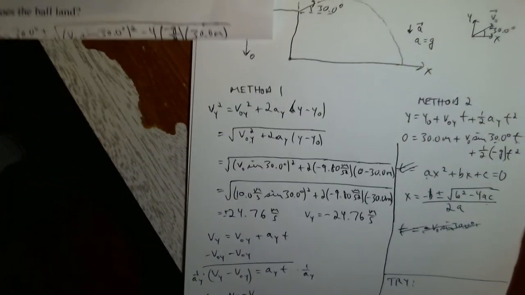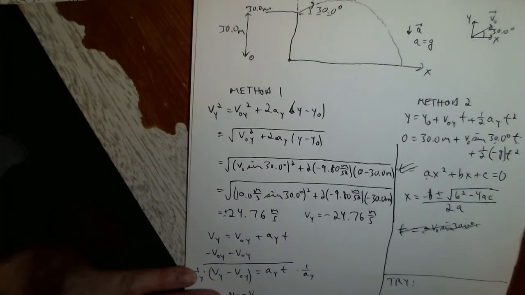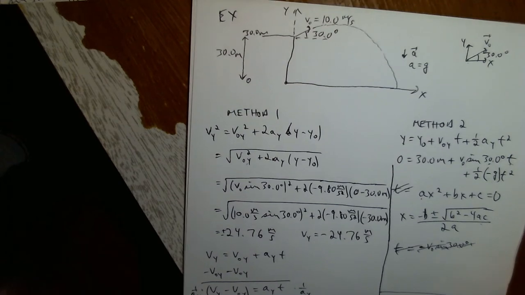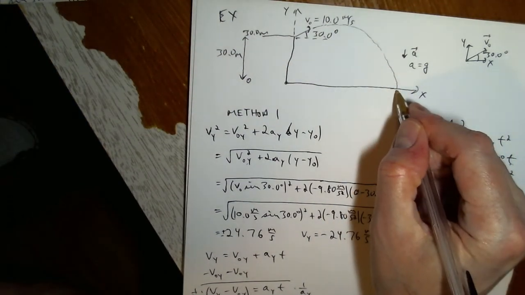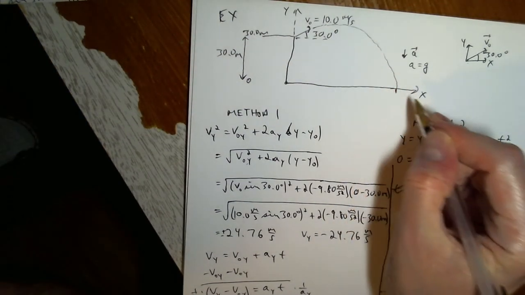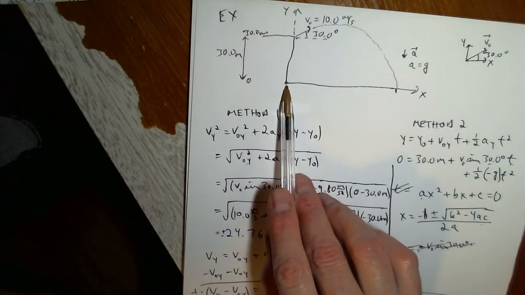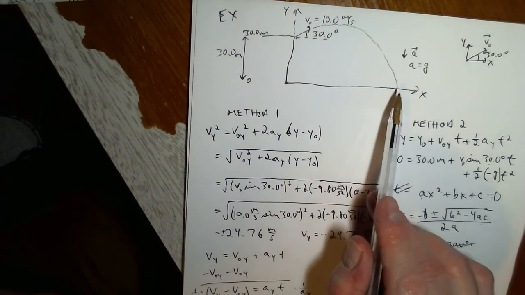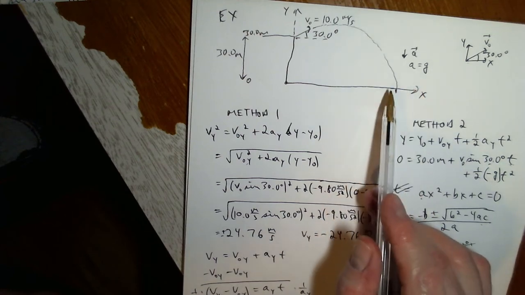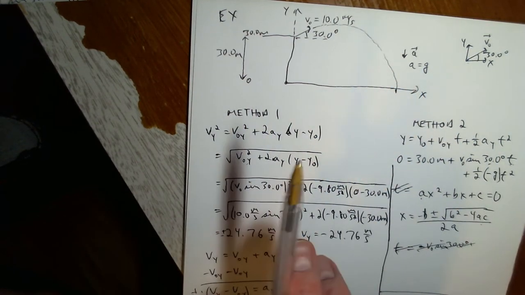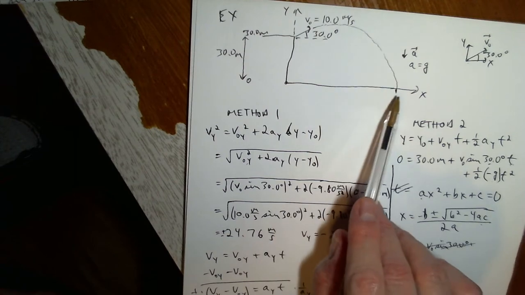If we look at the picture, the ball lands at whatever the final value of x is. It starts at 0 and it lands here, and we're not finding the distance, rather we're just finding where it lands.